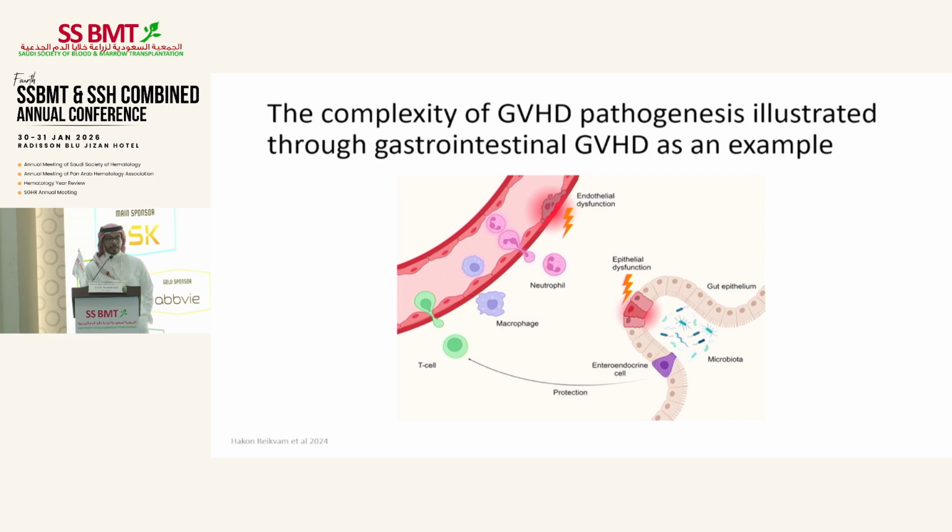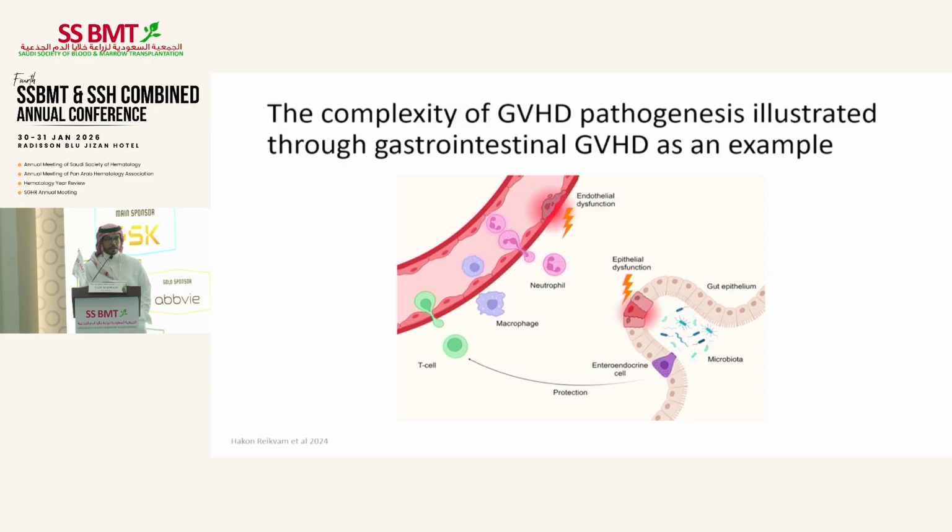Typically, the epithelial dysfunction starts first. This is an example from gut GVHD. And then an inflammatory reaction will happen where different inflammatory cells will be recruited to the area.